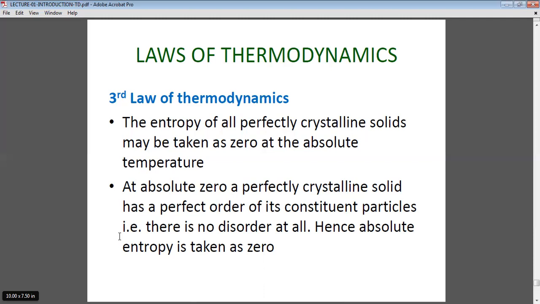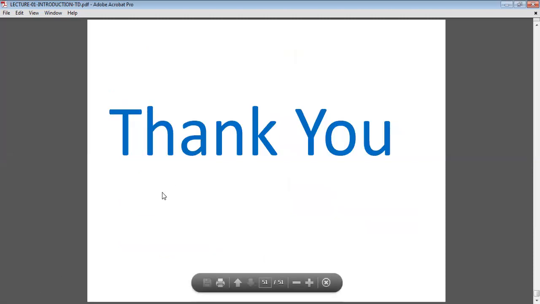This entropy increase quantifies the extent of irreversibility of the process. The higher the entropy increase of the universe, the higher the irreversibility of the process. The transfer of heat across a finite temperature difference is also an example of change in entropy. Mixing of two fluids is also an example of change in entropy. So this is about the third law, and thank you.